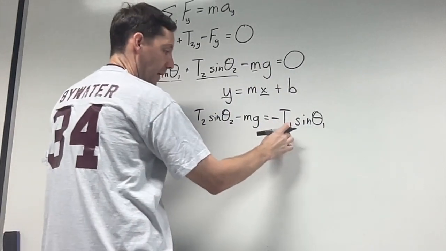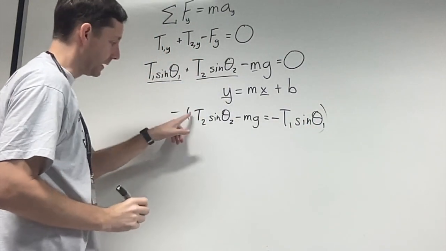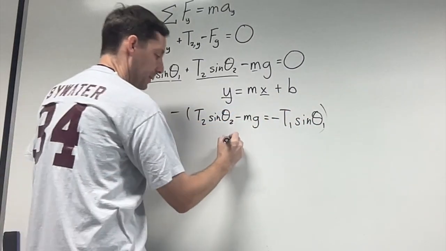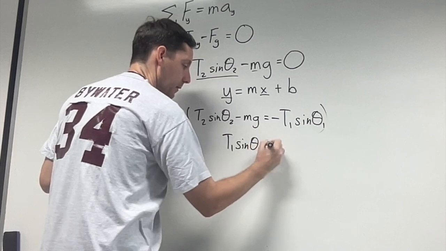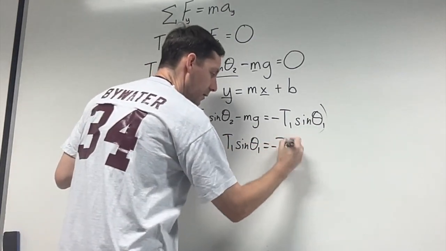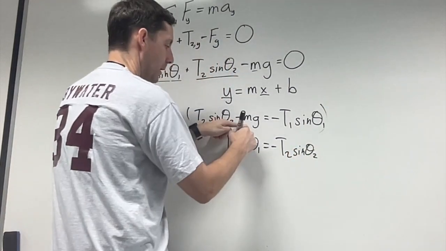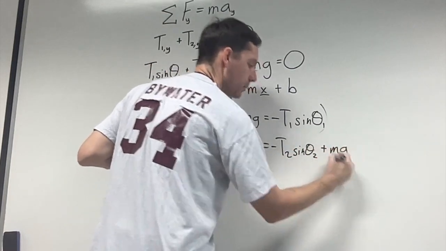Okay, so I'm going to multiply everything by a negative, which is going to make this negative, this positive, that positive, and I'm going to move this to the other side. So I'm going to have T1 sine theta 1 is equal to, so now I'm going to have negative T2 sine of theta 2, and then the negative times the minus mg will be plus mg.